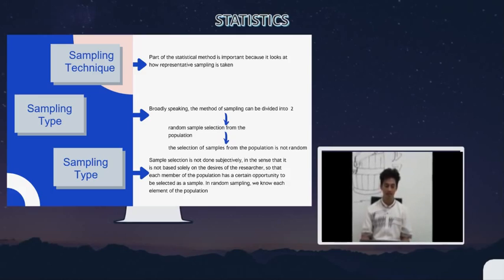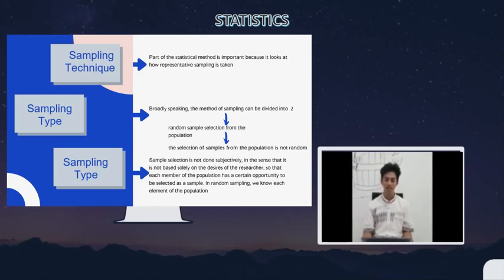And the second, the selection of the sample from the population is not random. That is, each member of the population has no chance unless selected or already set as a sample.